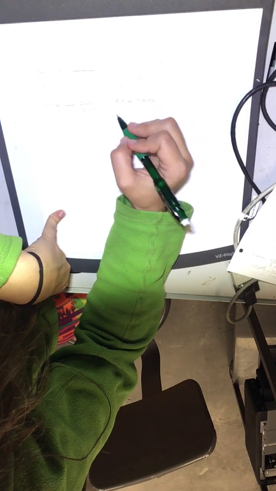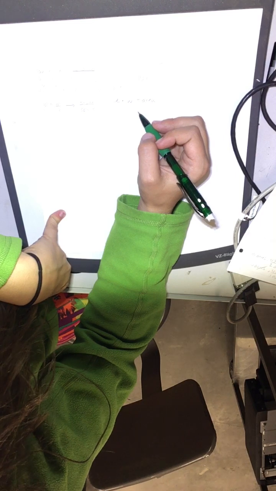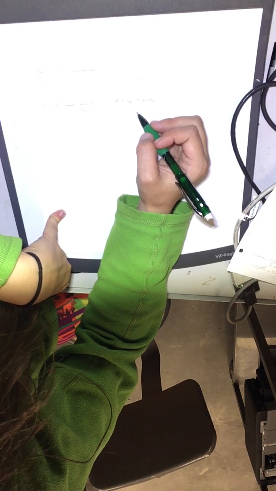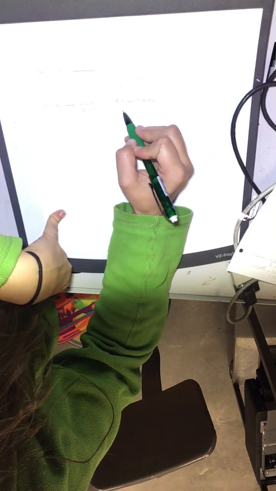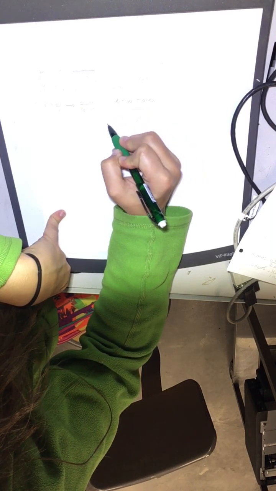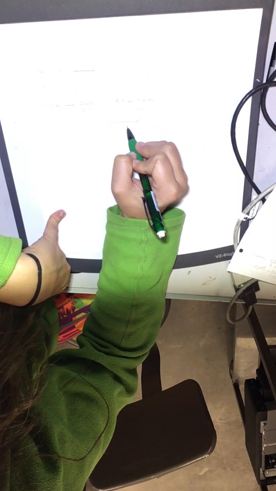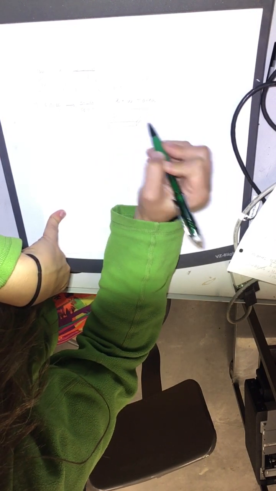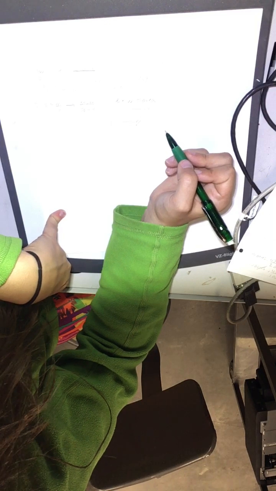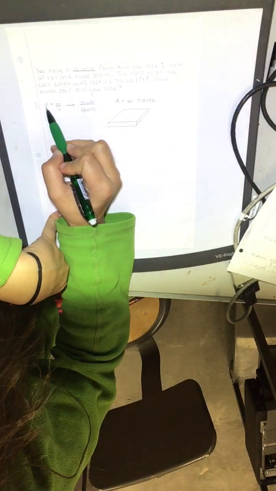And that soil is going to represent a height or a depth or a thickness, whatever you want to think about. I like to think about it as depth because when we draw this picture, we have some kind of area and some kind of depth. The only thing you don't want to do is call it D for depth because that can get you confused with density.